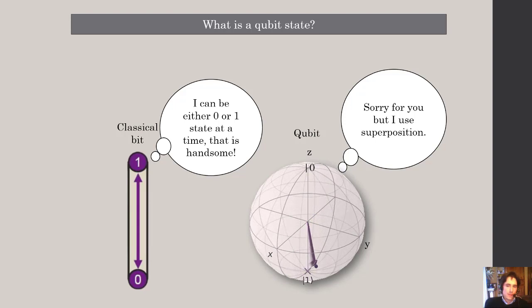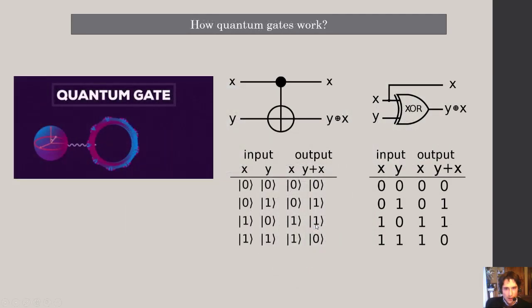But when we see the output of the vector, we can see just one state, and this state is chosen randomly. So, as you can see, the state vector moves from one state to another, thanks to quantum gates. So, how do quantum gates work?